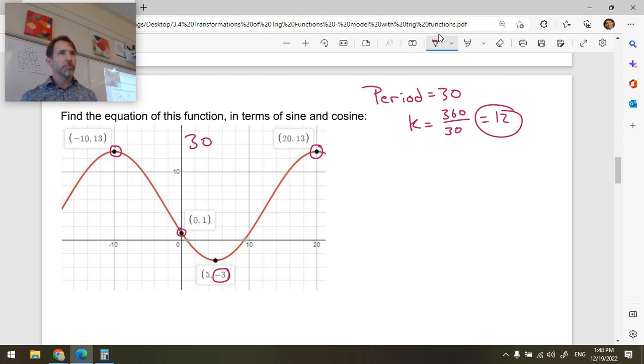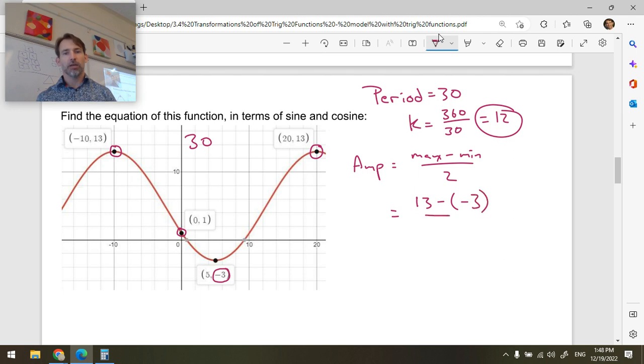So the amplitude is given by this formula, max minus the min divided by 2. That's 13 minus 3. I just want to go through that to say it's not a sign flipper. It flips its sign in this formula. And so that gives us 8. So A equals 8.